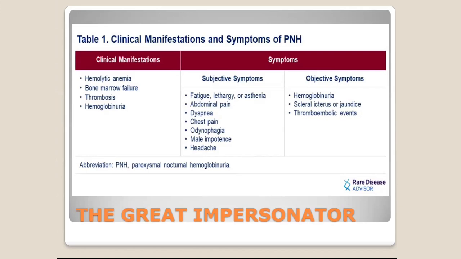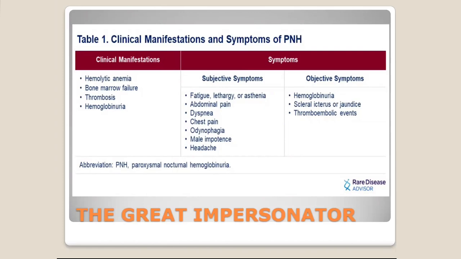When I discussed with one of my hematologist friends, he told me that any patient with chronic fatigue pointing towards a hemolytic anemia, DCT negative, they will usually go on to test for PNH, because more than 30 to 40% of patients present with fatigue alone. When I went into the literature, there are many reports on PNH from the early days to the recent ones. And in the recent literature, they have termed PNH the great impersonator because it can present with any symptoms.